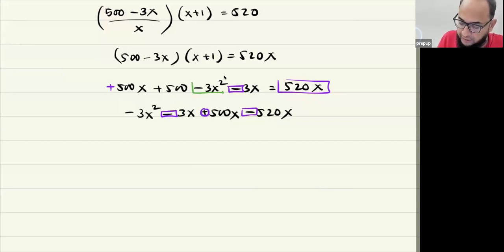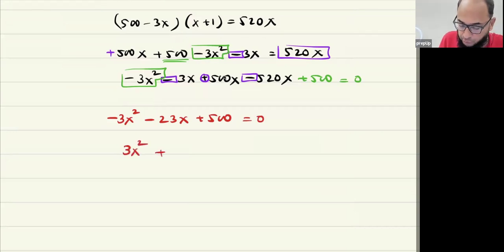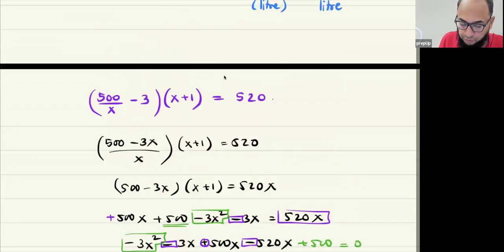Negative 3x square is right over here, and what is left? I'm left with 500 plus 500 is equal to 0. Let's simplify. That is negative 3x square, and negative 500 and 520 gives 20, negative 3 and 20 gives negative 23x plus 500 is equal to 0, or multiplying by a negative sign, 3x square plus 23x minus 500 is equal to 0.